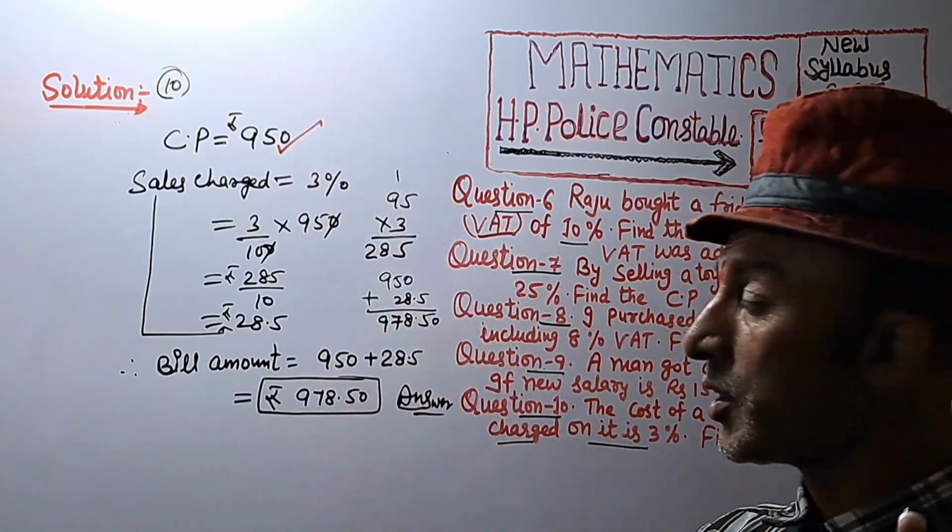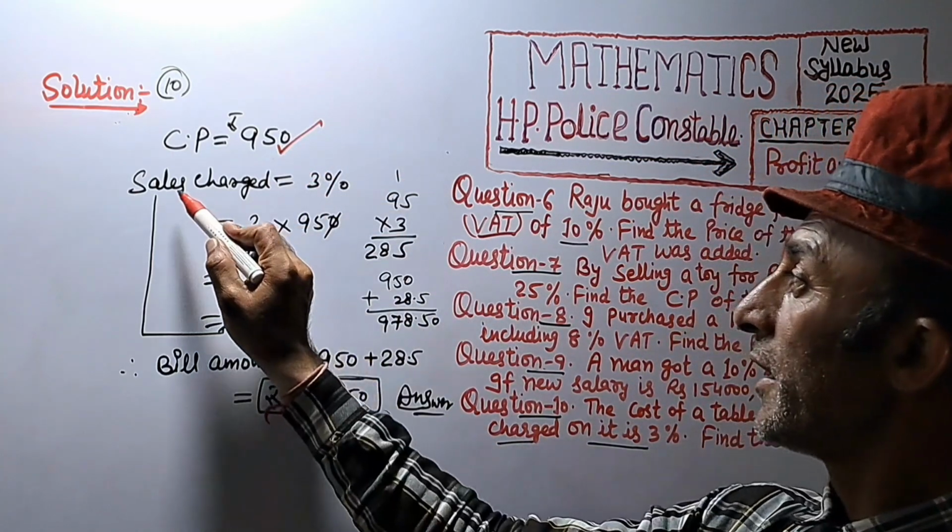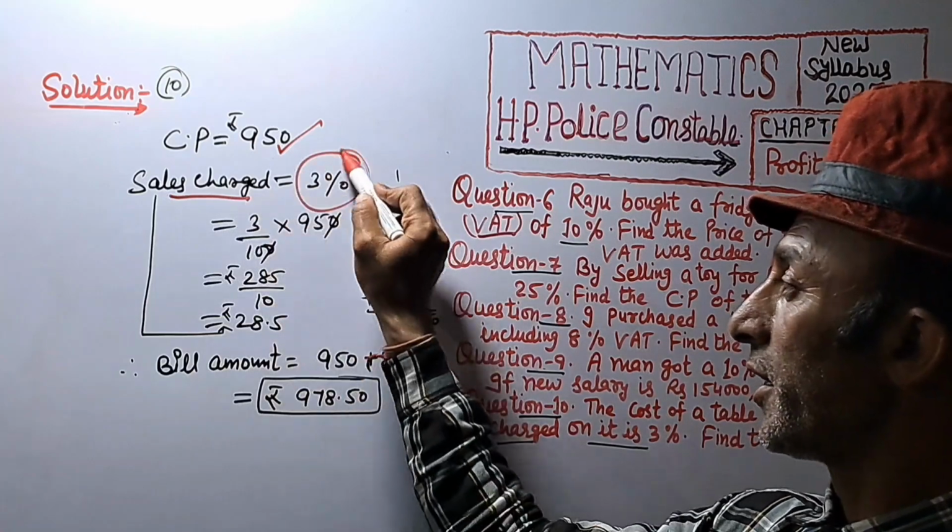Given cost price is rupees 950 and sales charge is 3%.